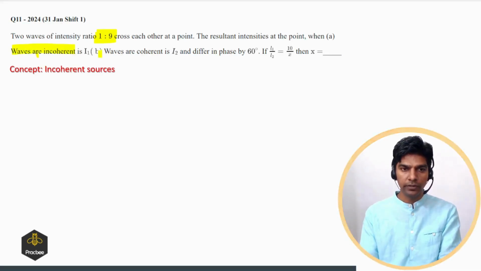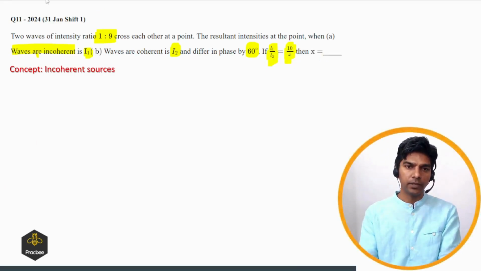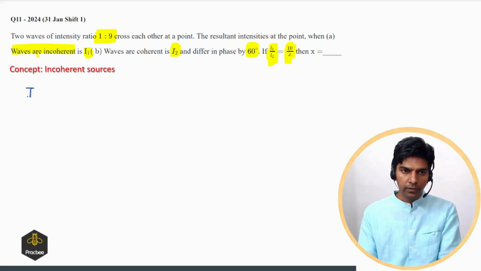So when waves are incoherent, intensity is I1. B, when the waves are coherent, intensity is I2, and the phase difference is 60 degrees. And we have to find the ratio of the intensities I1 and I2, which is given as 10 by x. We have to find the value of x. Right, so I told you, for part A, we have to simply add up the intensity.